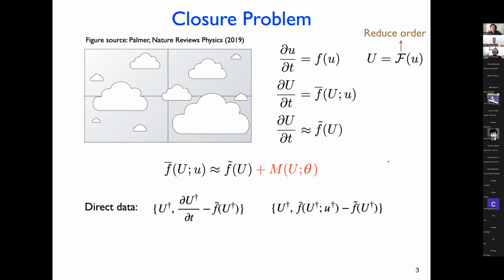However, we know that in many applications, the traditional model for F tilde is usually not good enough, especially for systems with multi-scales or multi-physics without a clear scale separation. That's why in recent years, people try to quantify the difference between F bar and F tilde with an additional term, M here, which we call the model error term or structural error term.